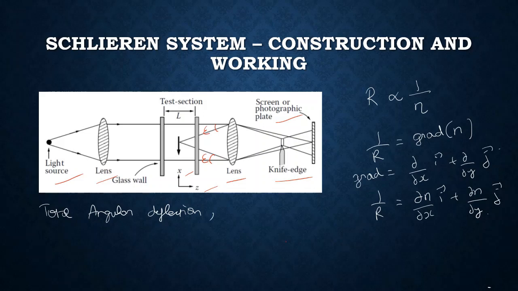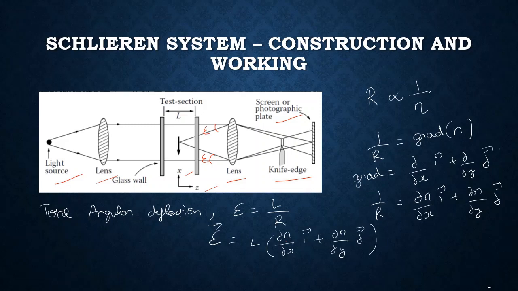So total angular deflection is given by epsilon. Epsilon is equal to L by R. When you substitute the 1 by R relation here, we find the value of epsilon in vector form as L times ∂n/∂x i vector plus ∂n/∂y j vector, right?